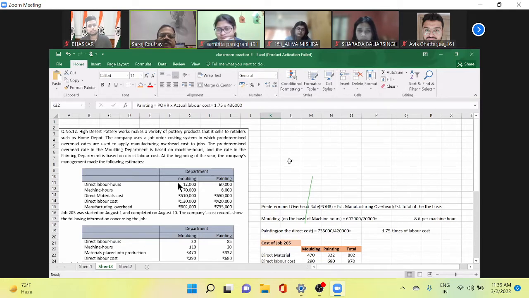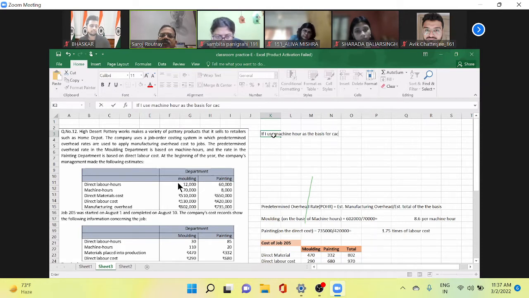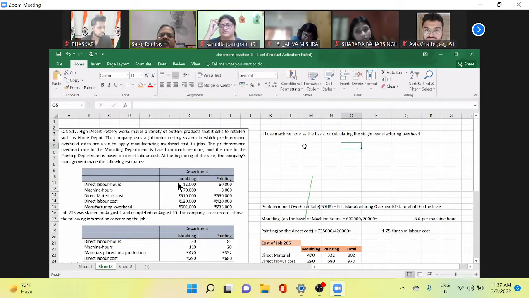Then what will happen? If I use machine hour as the basis for calculating a single manufacturing rate, and single means I don't distinguish at all, what will be my POHR?